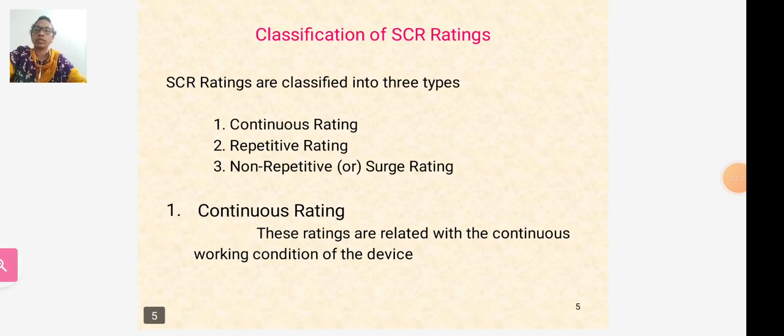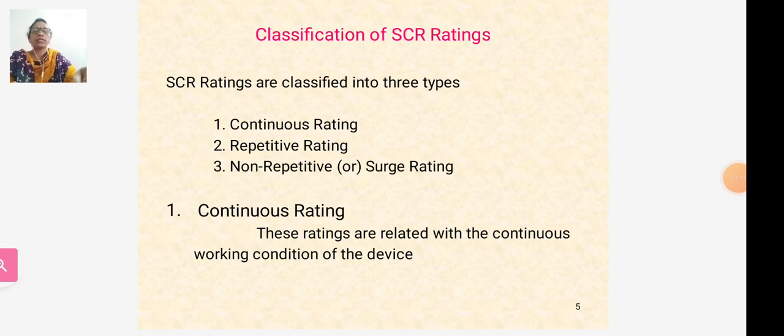In SCR ratings, we have three classifications: the continuous rating, repetitive rating, and non-repetitive or surge rating. Continuous ratings are related to the continuous working conditions of the device.